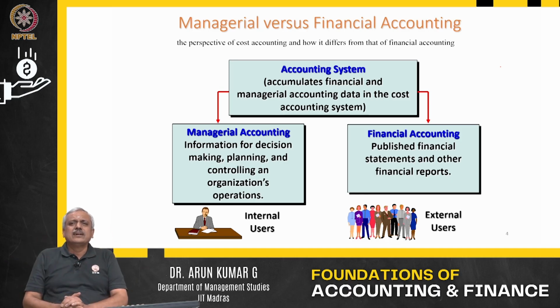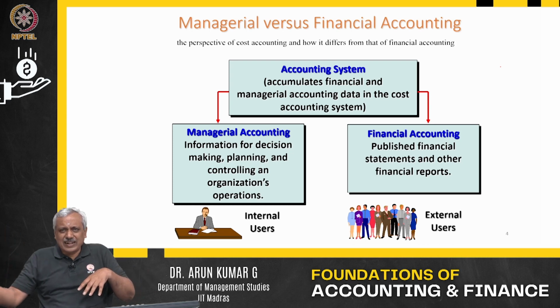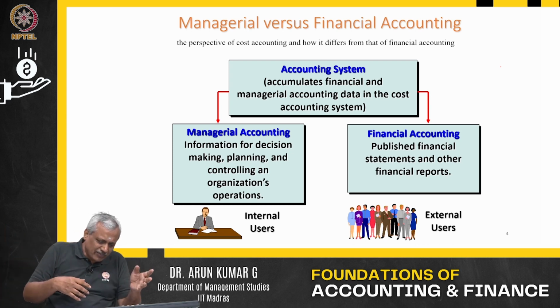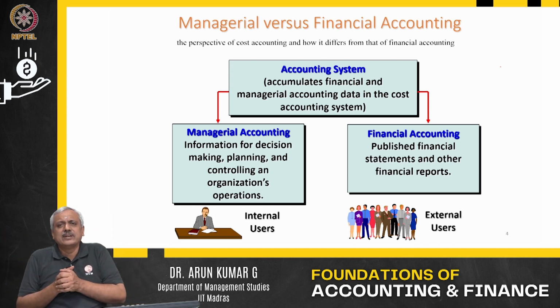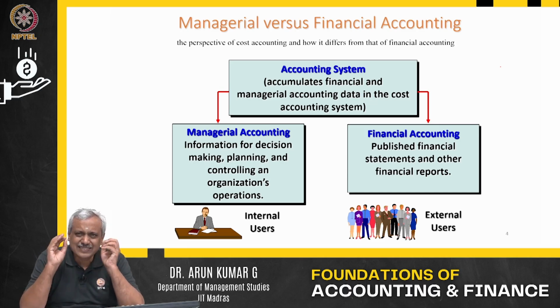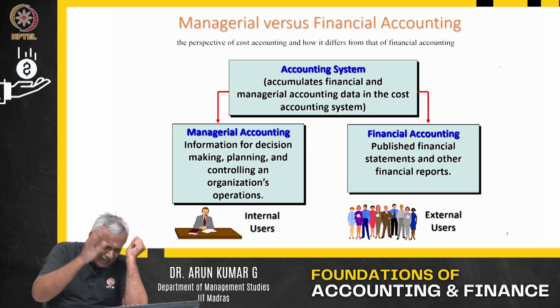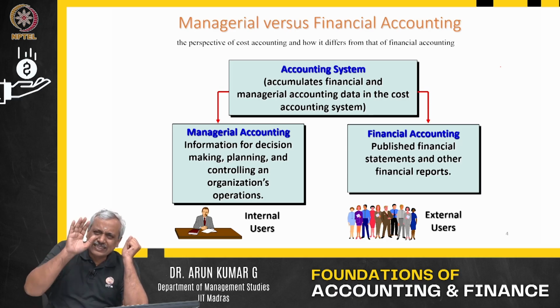The accounting system is divided into two parts. What you see on the right is financial accounting, what you see on the left is management accounting. Financial accounting is for financial statements, external users, stakeholders. Management accounting is used internally for the organization.